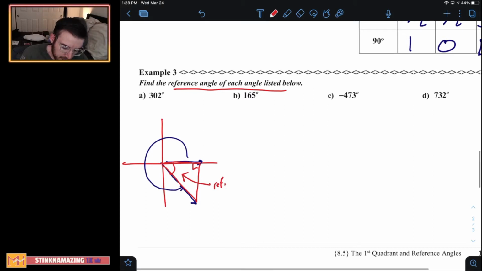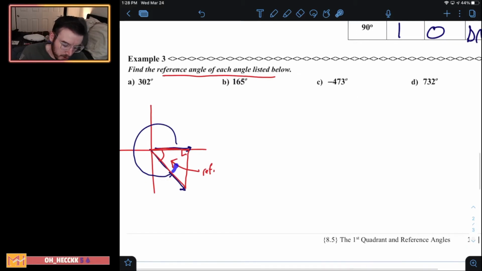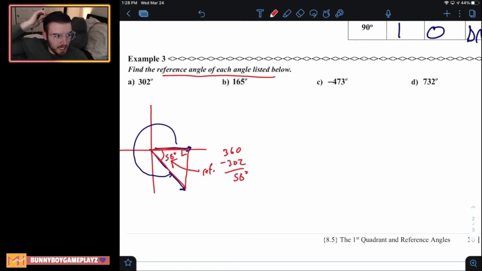So if this is 302 degrees, you should ask yourself, how much further do I have to go to get to 360? 360 minus 302 is 58 degrees. That right there is a 58-degree angle, and that is my reference angle.